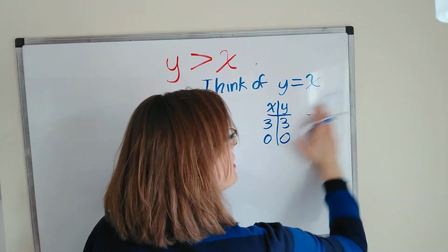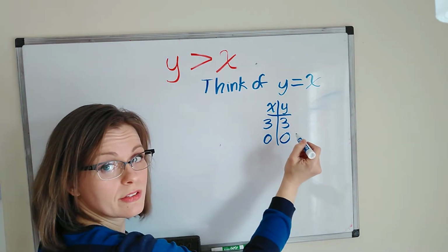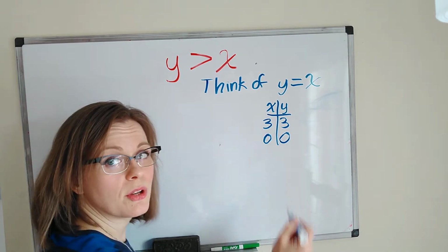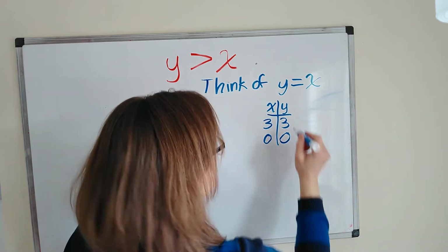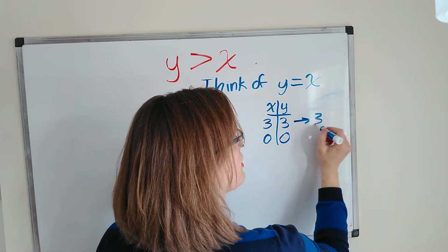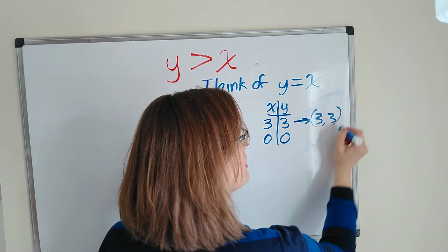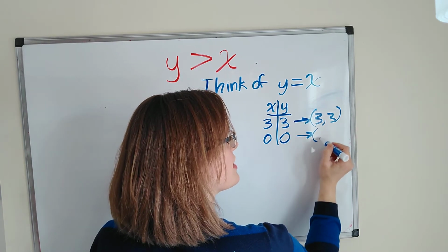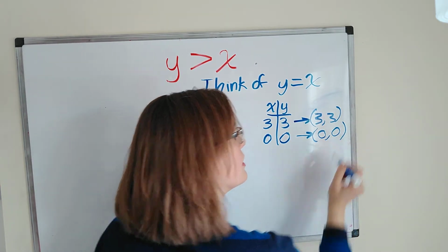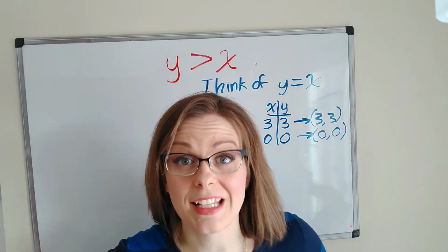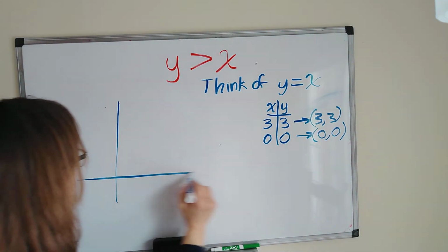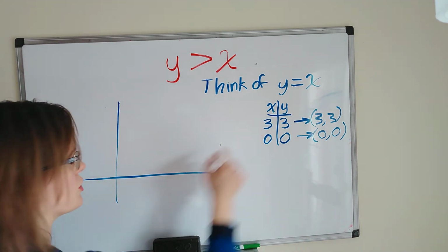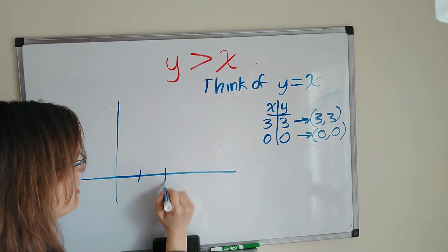So now, these entries in the t-table, the 3, 3, and the 0, 0, correspond to points in the xy coordinate plane. This point is the point 3, 3. And this one represents the point 0, 0. Now we're ready to go ahead and graph a line, okay? So let's see, that first point is the point 3, 3.